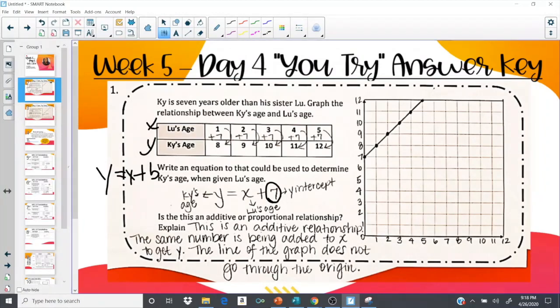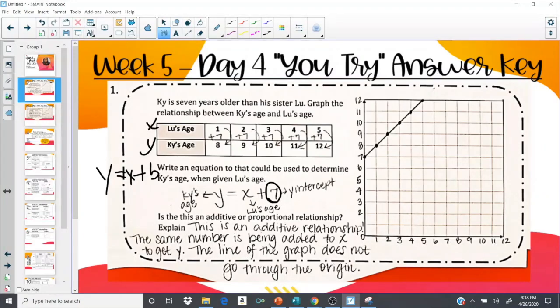To graph 2, 9, start at the origin, go 2 units to the right, and up 9 units. To graph 3, 10, start at the origin, move 3 places to the right, and up 10 units. To graph 4, 11, you will start at the origin, move 4 places right, and up 11 units.